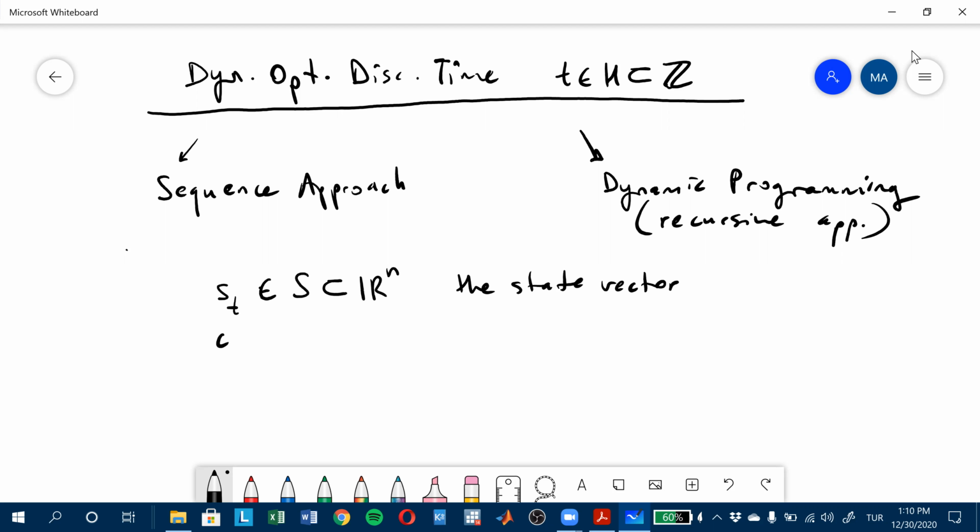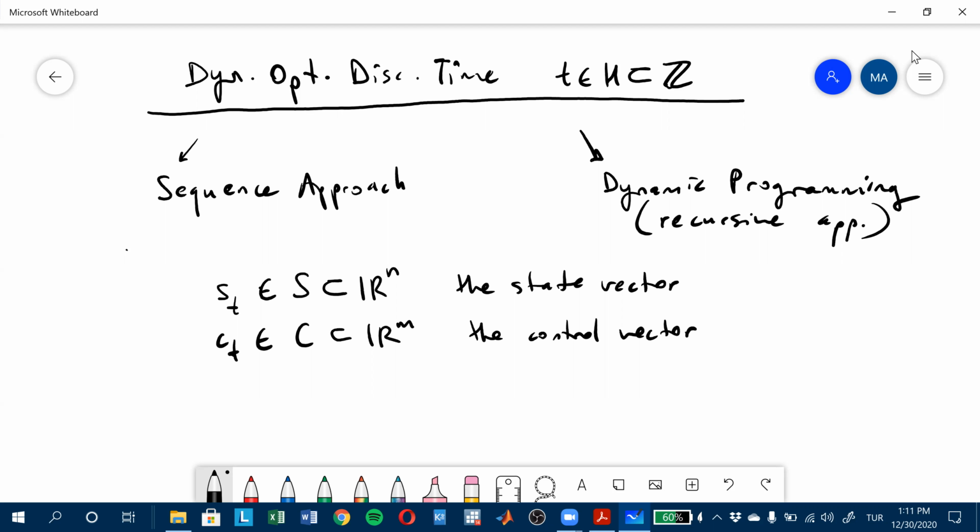And there will be a control vector. The state vector will be your state variables, S1t, S2t, up to Snt, and Ct is your control vector, so these are your choice variables.